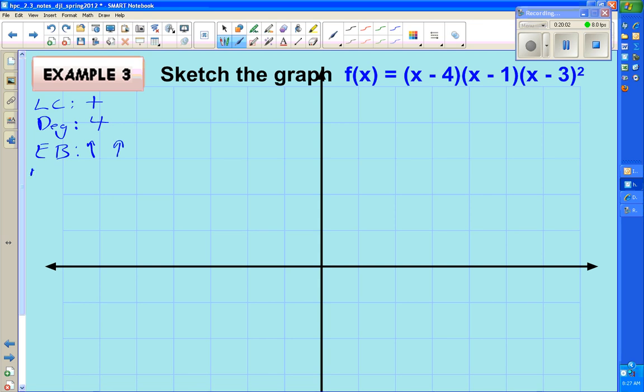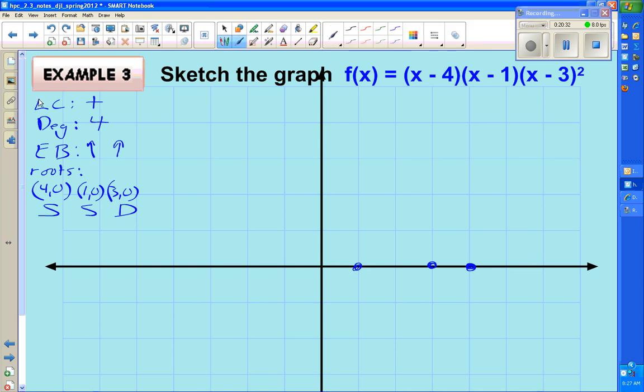The roots. 4, 0, 1, 0, 3, 0. What kind of root is 4? So here we go. 4 is a single. 1 is a single, and the 3 was where the double was.